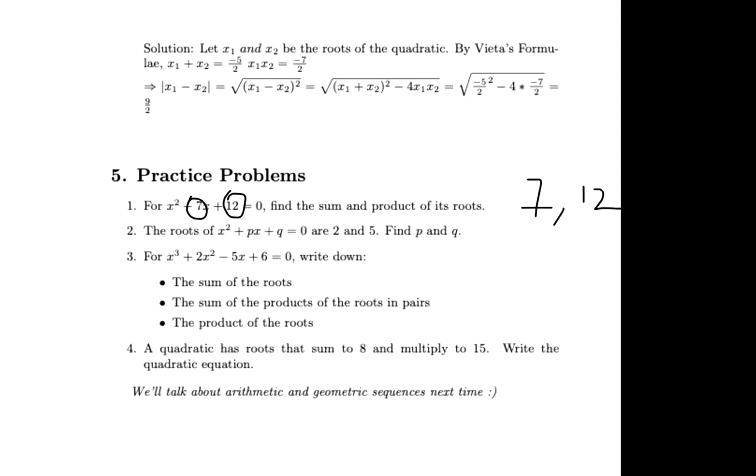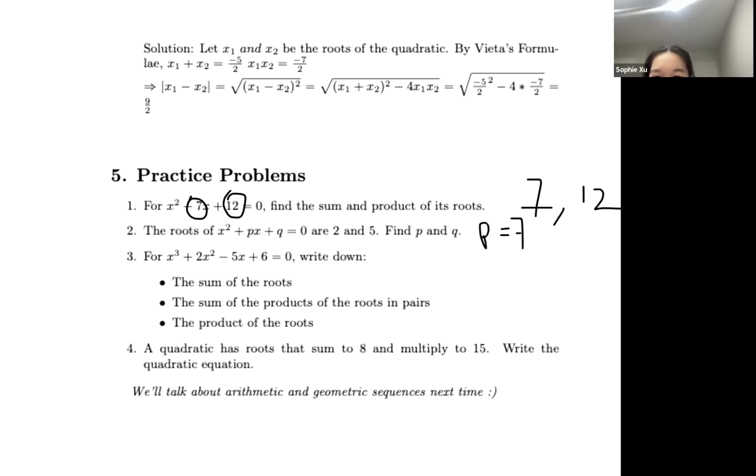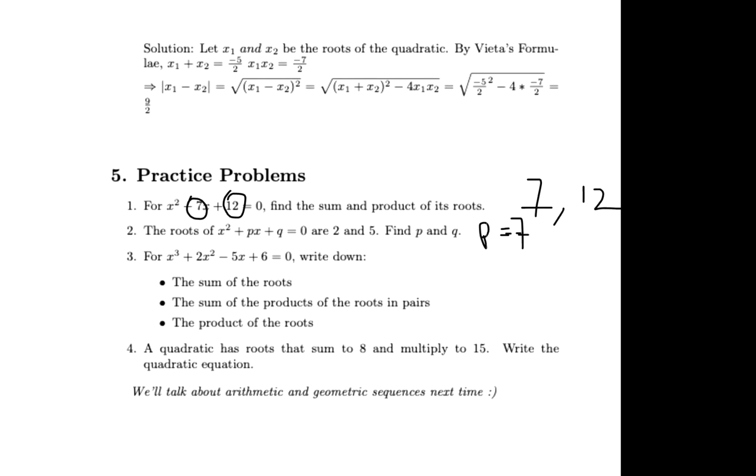So p equals 7, and then wait, what? Negative 7. Sorry, I am glitching. And q equals c, and c over a is just the product, and 2 times 5 is 10. So q equals 10. Yay.